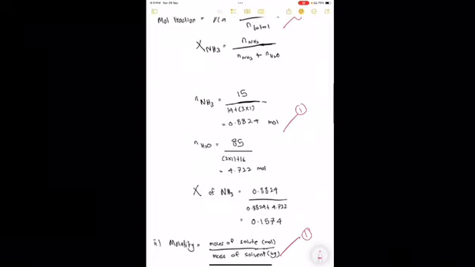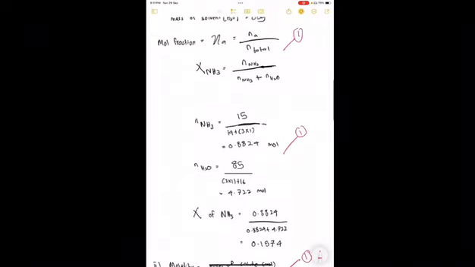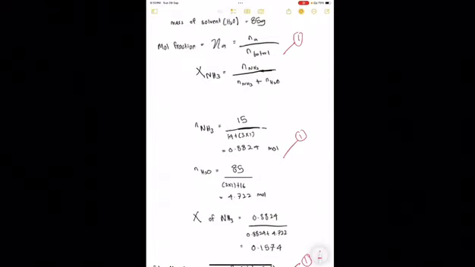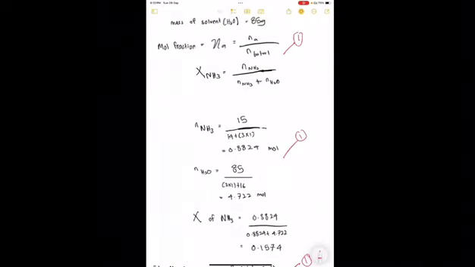Then we will calculate the number of mole for H2O. So we do the same step, which is the mass of H2O, then we divide it by its molar mass. So we will get the number of mole of H2O is 4.722 mole. So we will get one more mark over here.